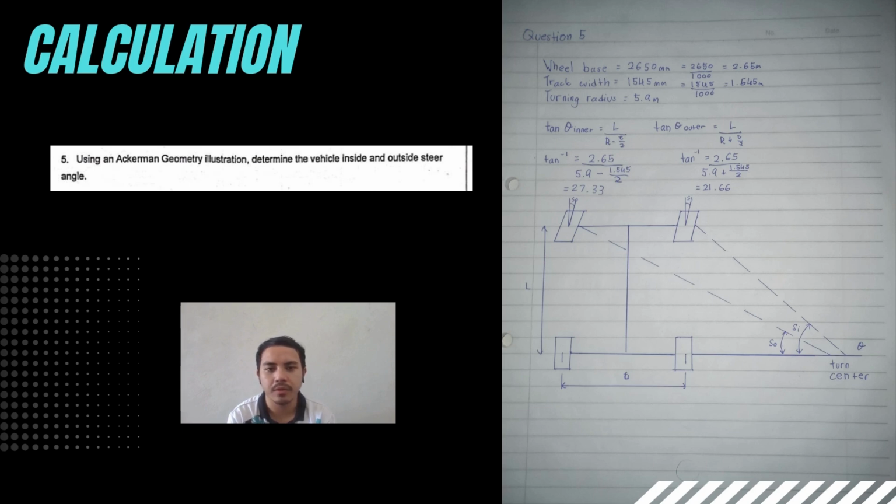And then for outside, tan theta equals L per (R plus T per 2). The difference is that for inside it is minus, and for the outside it is plus. As you can see, I already did the calculation, and then I have illustrated the Ackermann geometry.